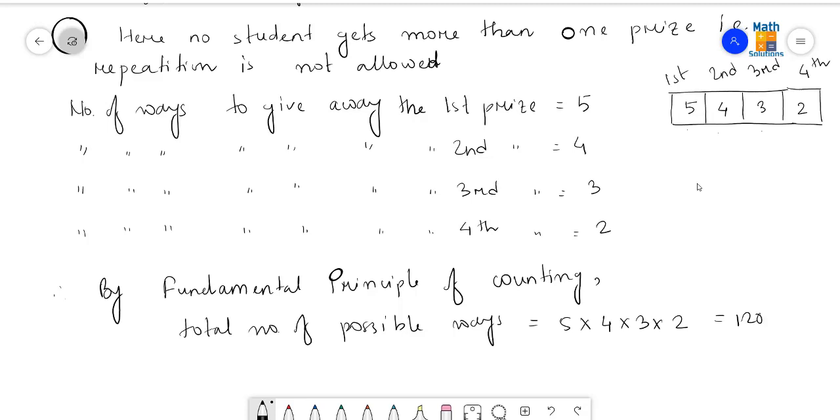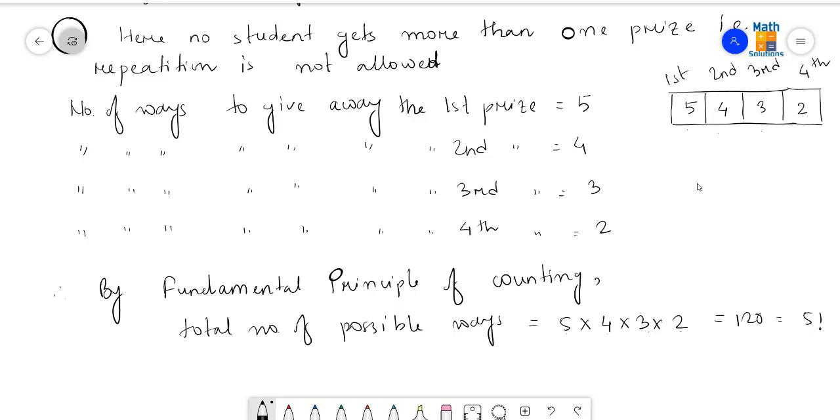Or we can write this as 5 factorial also, because 5 into 4 into 3 into 2 into 1, if we want, we can add the 1 here also, and this will give us back 5 factorial.